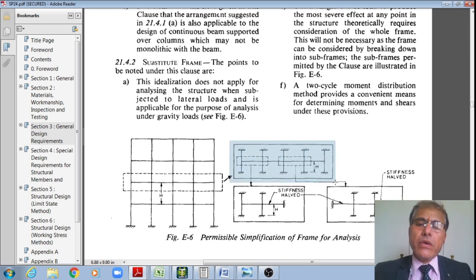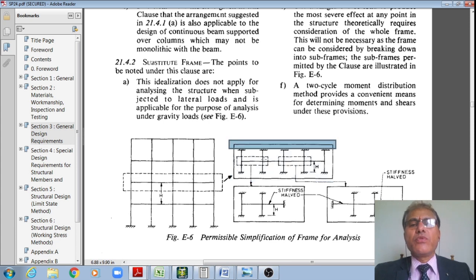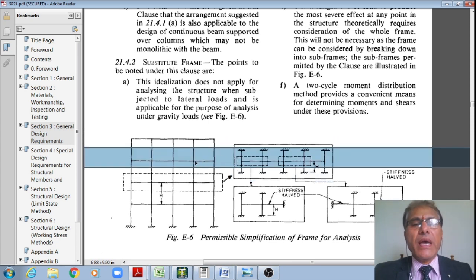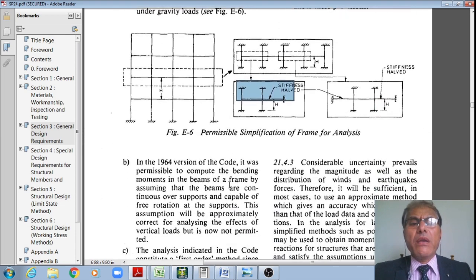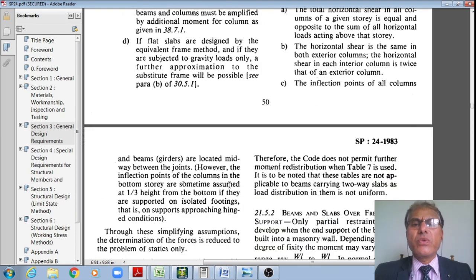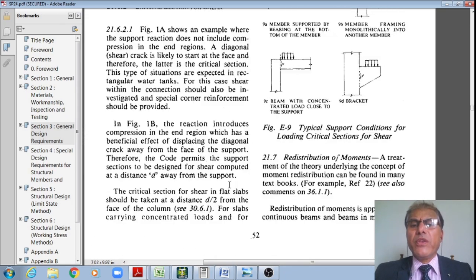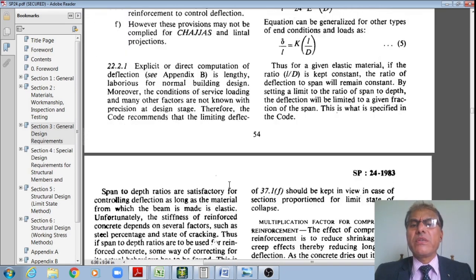Then you understand how the substitute frame method can be used for manual analysis subjected to gravity loads only. You take the substitute frame like this, or with two columns and the beam continuous, or these two columns continuous and this beam continuous on one side, and so on, with all these permutation combinations. Once you take this for manual calculation, then you can find how much load is coming onto each of these beams.